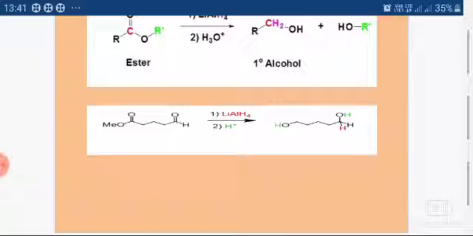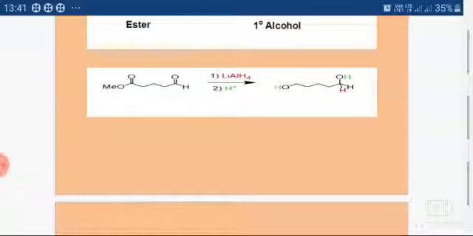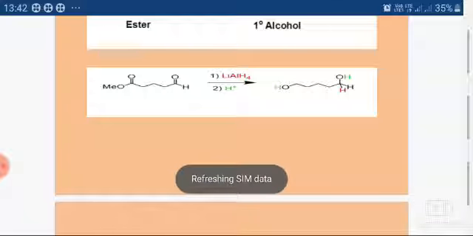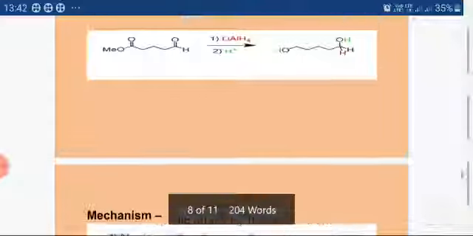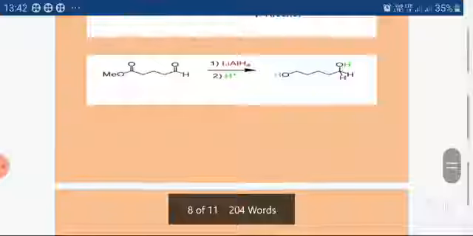So look at this last reaction, when this compound, and its name is 1 2 3 4 5 6, methyl 4-carbaldehyde pentanoate undergoes reduction with lithium aluminum hydride, then it gives you a diol, along with the product methanol. And the diol is 1,5 pentane diol.